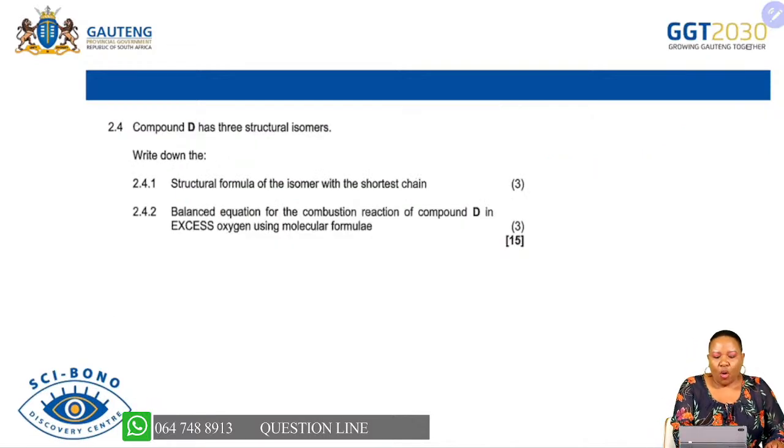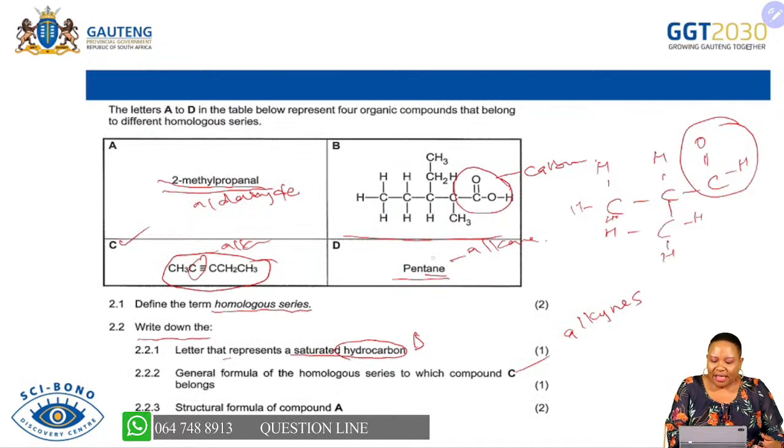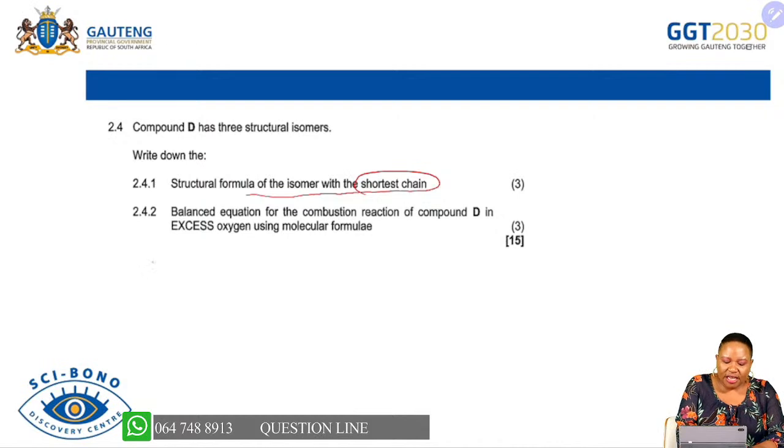And then compound D has 3 structural isomers, and they say write down the structural formula of the isomer with the shortest. This is one of the questions that needs more insight from you. So if you say this is pentane, because it's our compound D, we know that pentane is 1, 2, 3, 4, 5.